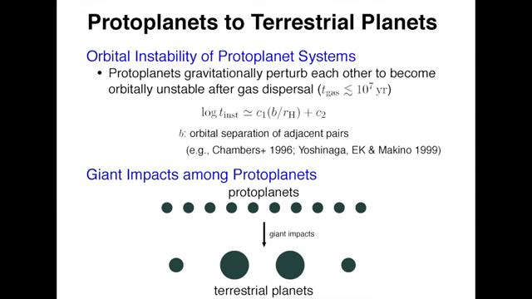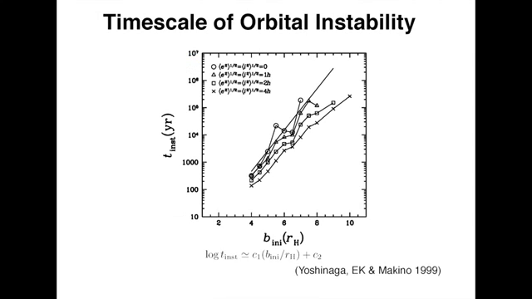So let me show you this figure. This is the orbital separation of embryos in units of Hill radius, and this is the time scale for the system to be orbitally unstable.